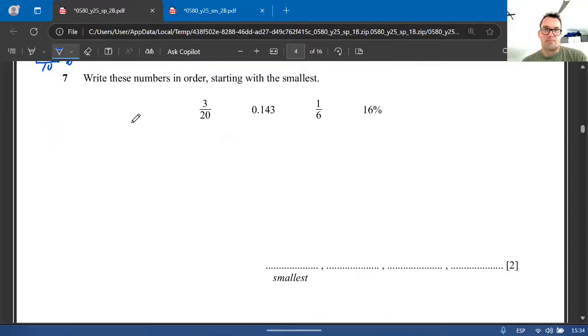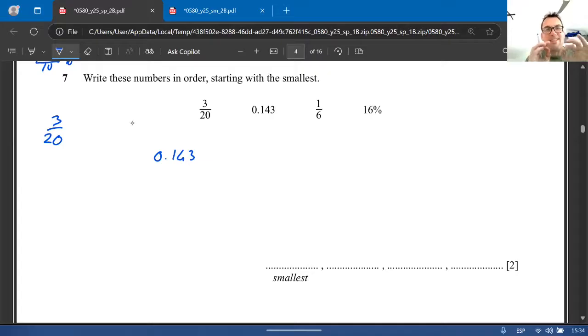Question 7. For me, the best way is to change everything to decimals. They are so much more easily compatible. We already have one there, 0.143. Let's do the 3 over 20. How do we change that to decimals?